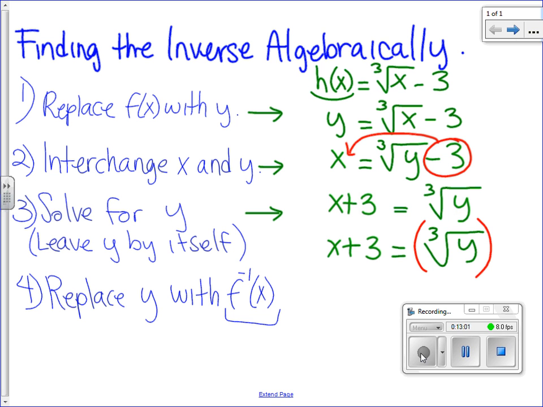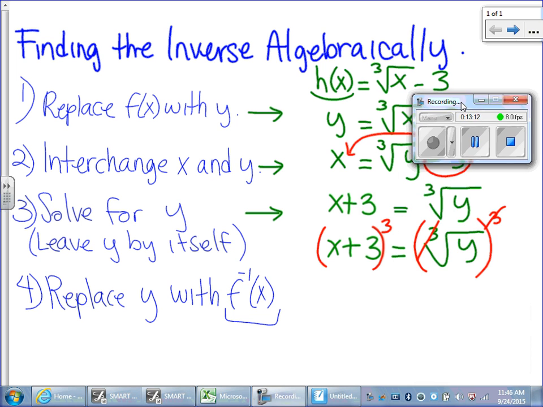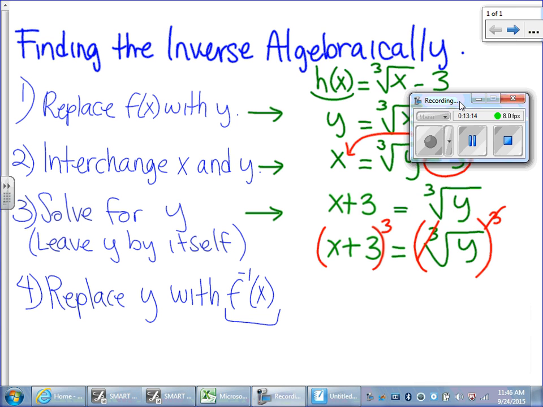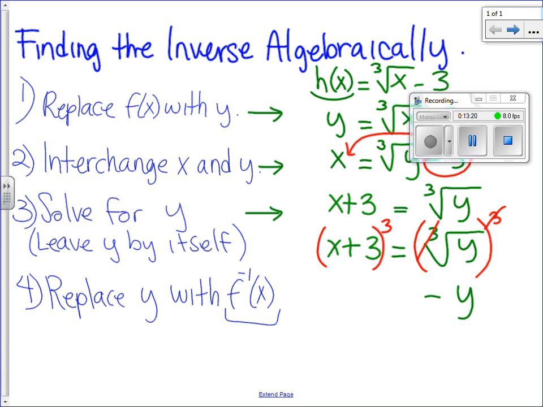If we raise this to the third power, or we cube it, we have to do it to both sides, and that will take care of the cube root because they're inverse operations, so one will undo the other. And so we end up with y is equal to x plus 3 cubed.